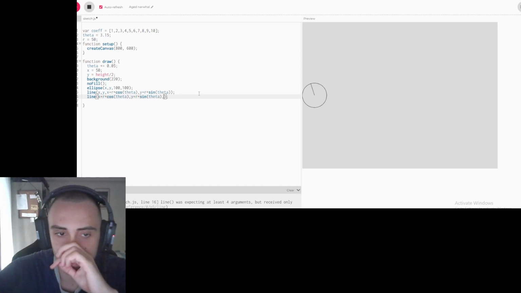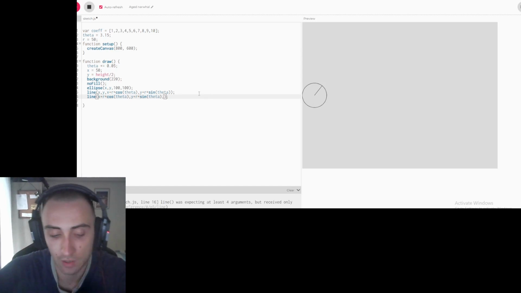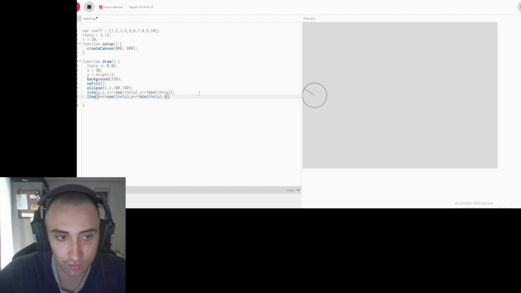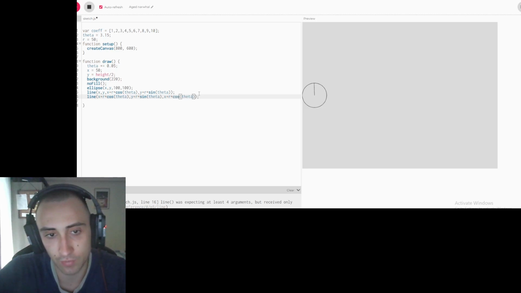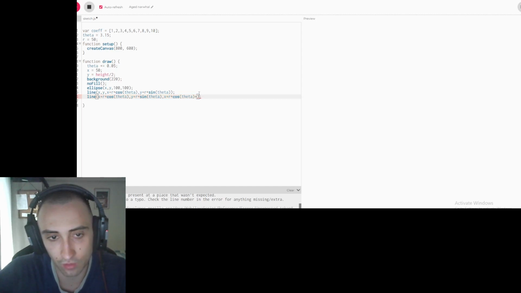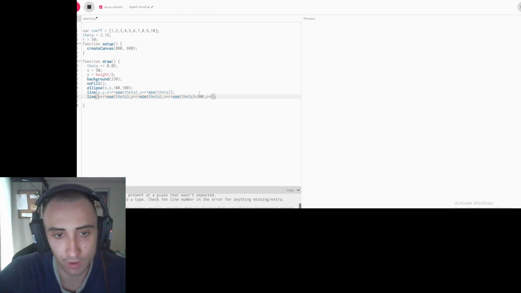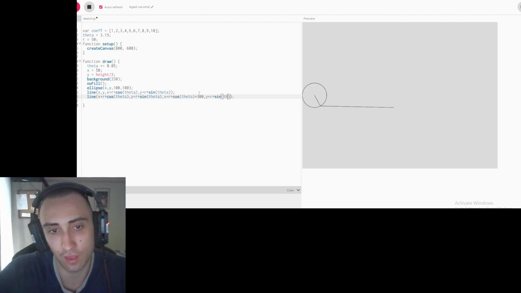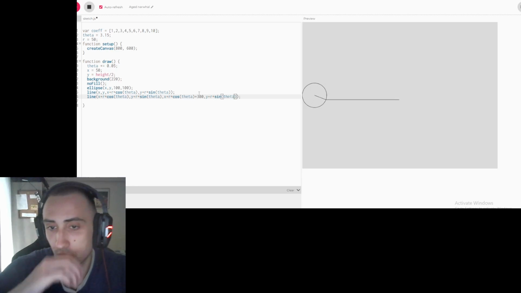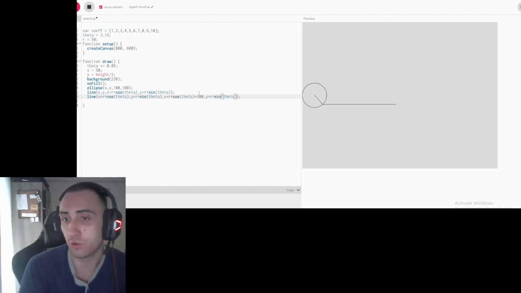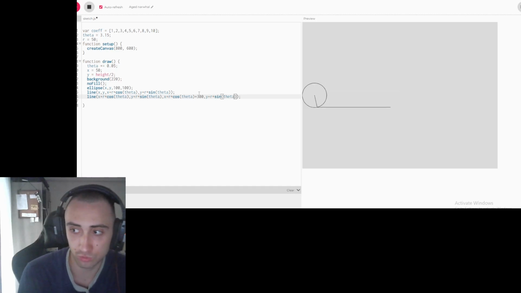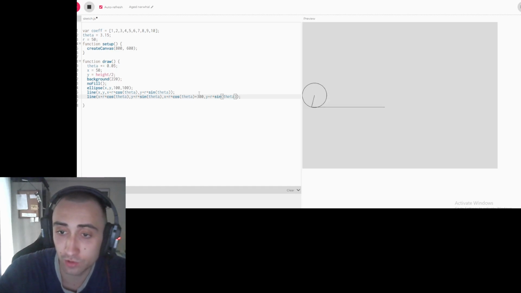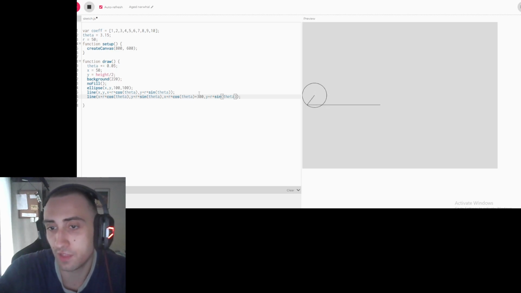It ends at x plus r cos theta plus 300, y plus r sine theta. Nice. So now we are basically able to draw something, which is the sine.